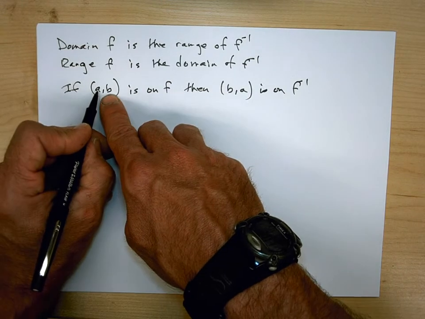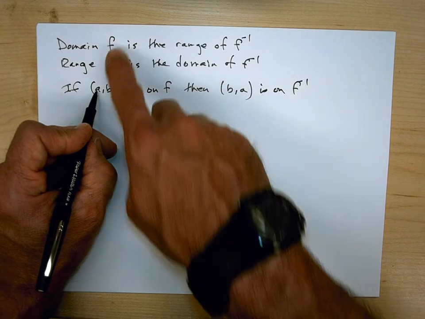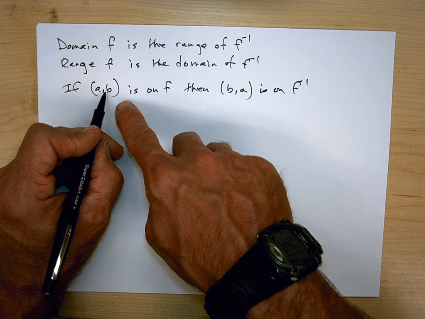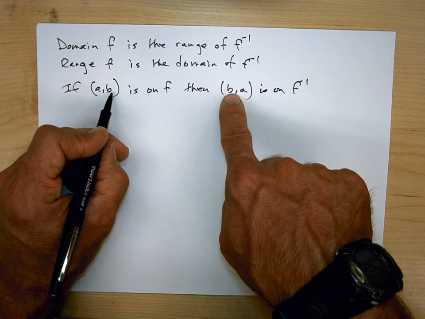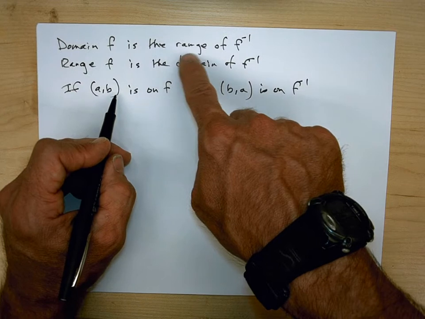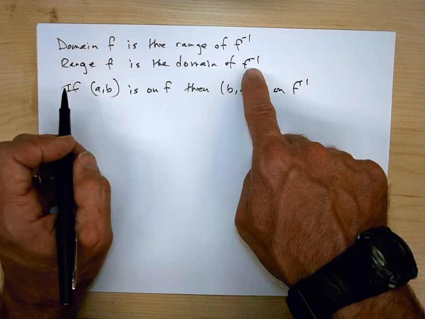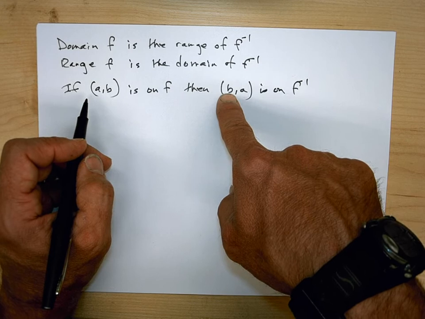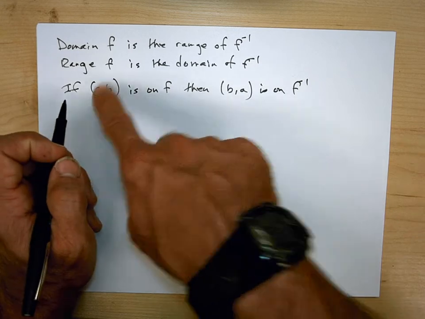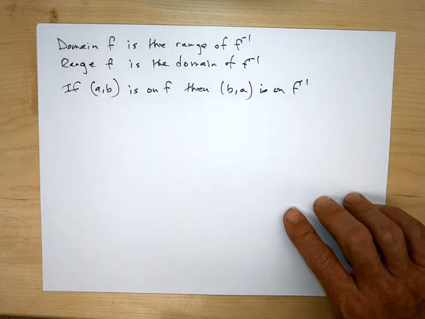A is part of the domain of f. B is an output. It's the range of f. So then, since the range of f is the domain of f inverse, then B should be in the domain of f inverse, and then likewise A should be in the range of f inverse.